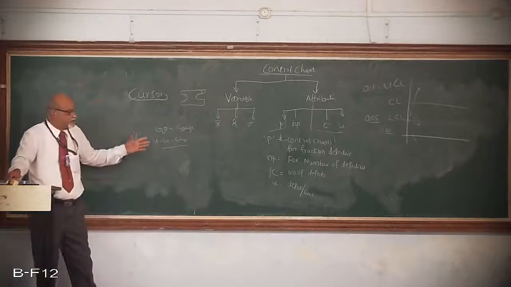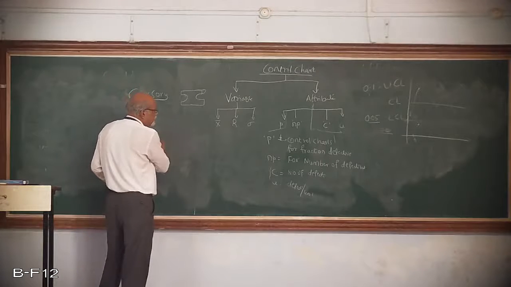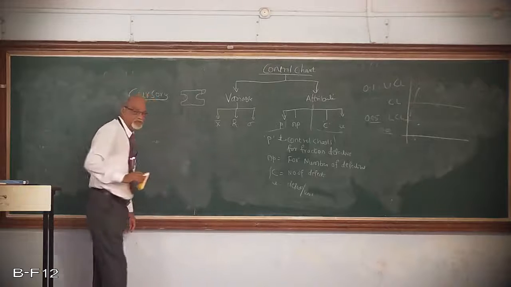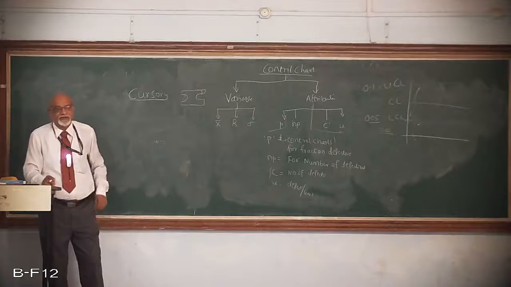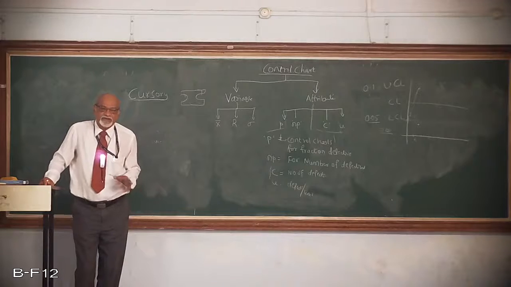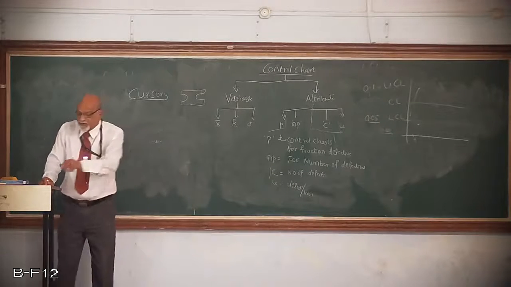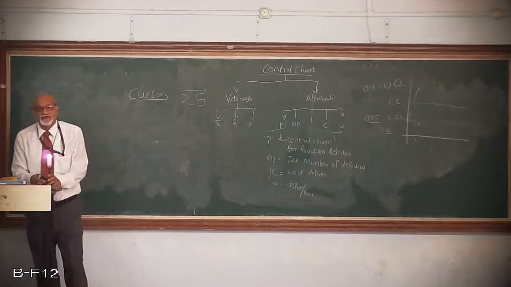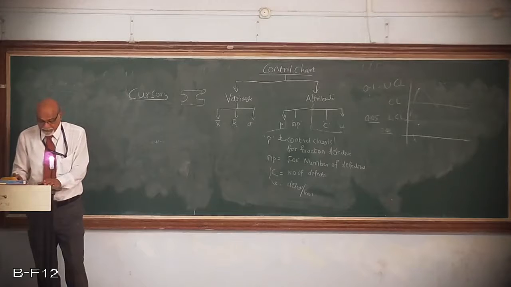This is another way the cost will be less, by going for control charts for attributes. One more thing I told you, it can be classified as a good item or a bad item, or defective item or non-defective item. That means we can find out in two ways.